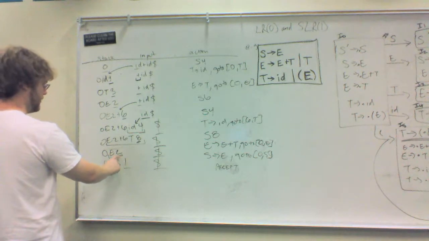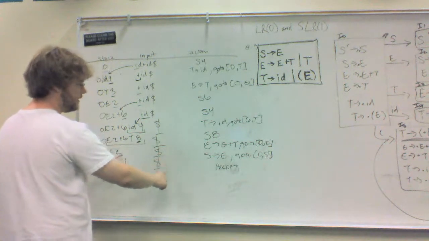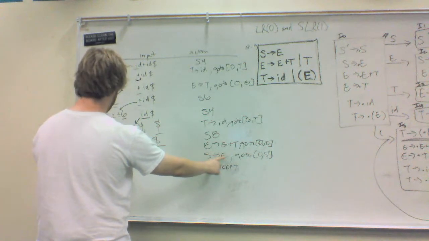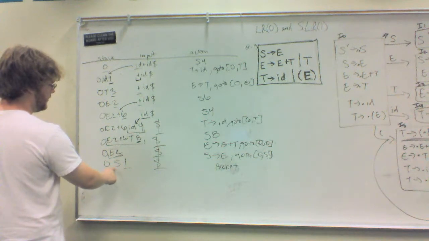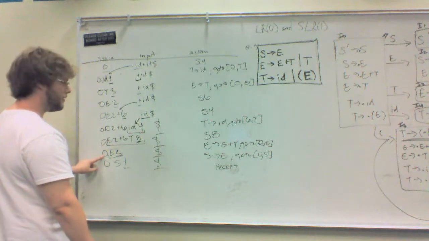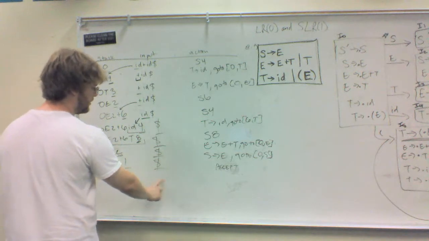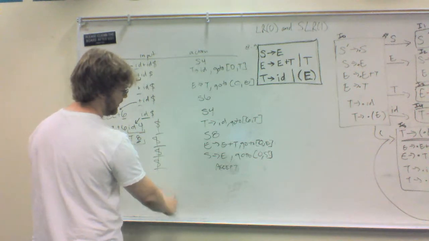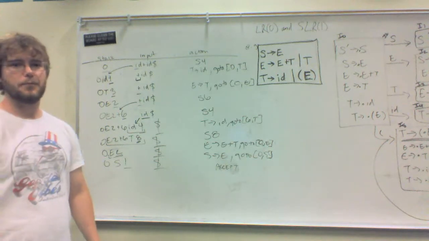So now at state 2, we look at $, and S goes to E. So we'll now replace this E with an S. Now we'll need to know what state to correlate with that. So we'll look at state 0 and S, and that leads us to state 1. And state 1 and $ is our special state, the accept state. We have completed parsing.